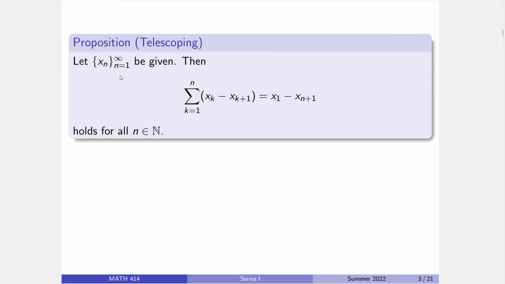So if I give you a sequence, and I look at these sums, then this will always clean up into this. Okay. Now, if you write out the summation, you can kind of convince yourself it's true, right? Because you'll have x1 minus x2, plus x2 minus x3, plus x3 minus x4, all the way up. So everything cancels except for the first term and the last term. And the last one will be negative.